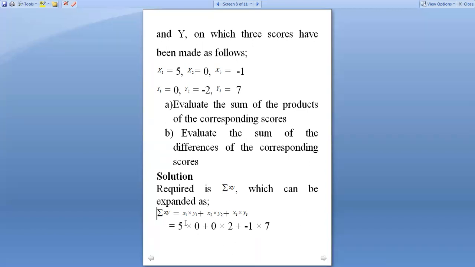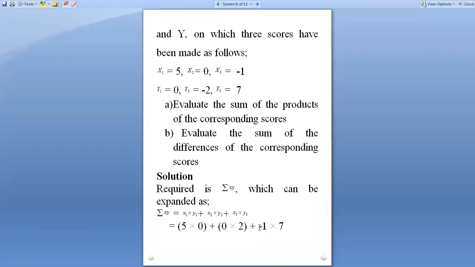Since we have our data on each of x and y, we simply say x1 is equal to 5, so we put 5 here times y1, which is 0. Then plus. There is supposed to be a bracket here so that you can know which one to deal with first.